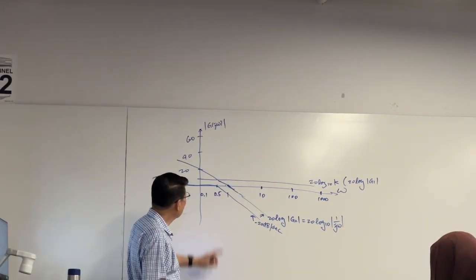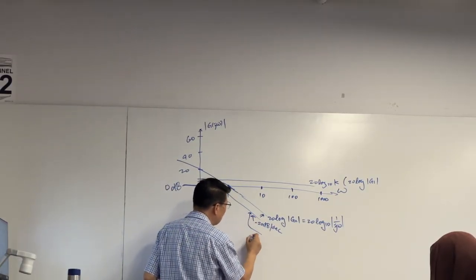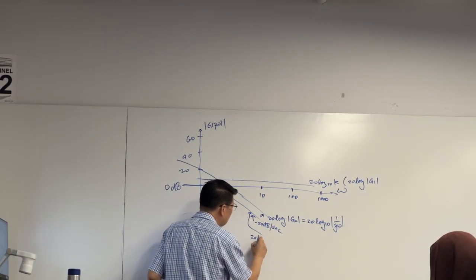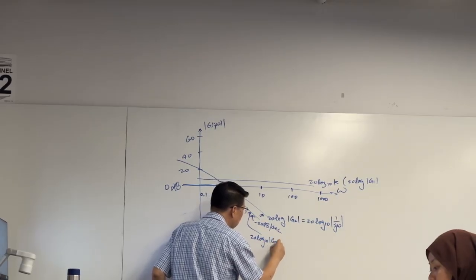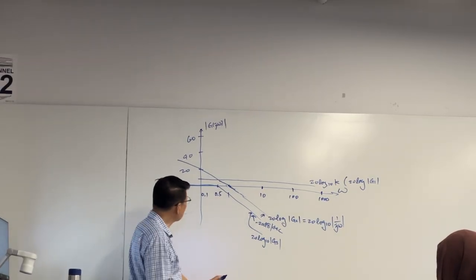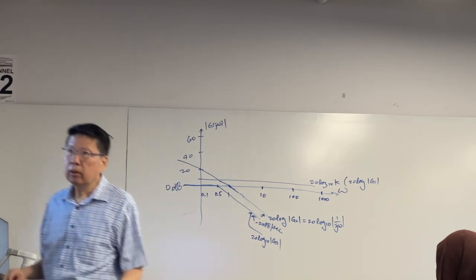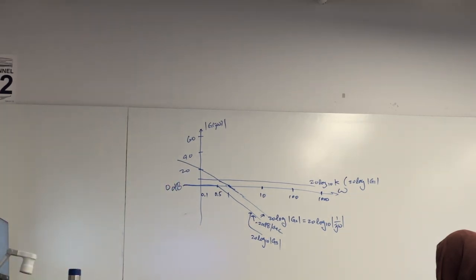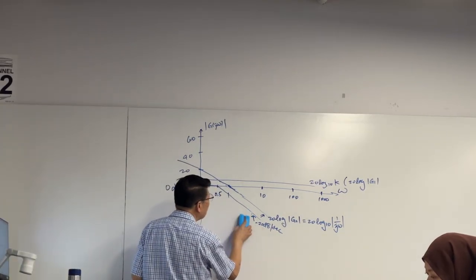Okay. Now I also want to call this one 20 log 10 of G3. Sorry, that's incorrect. The G3 is 0. It's going up.